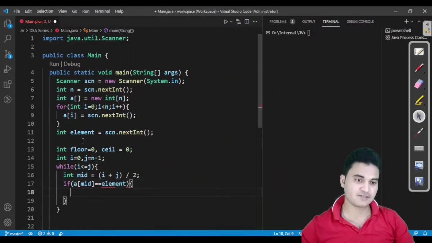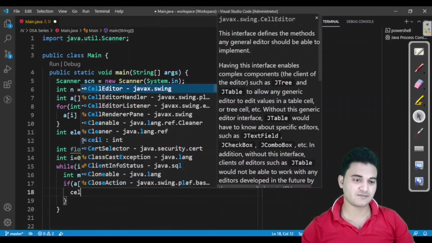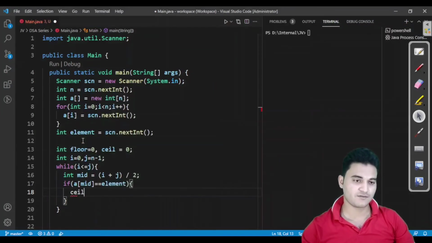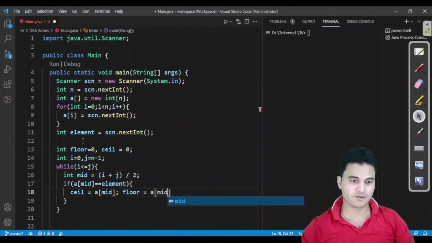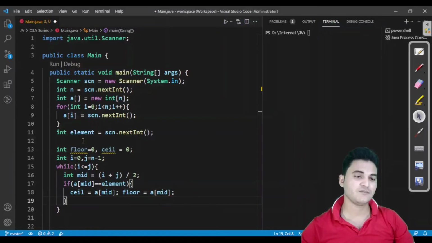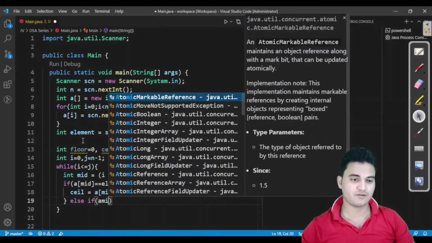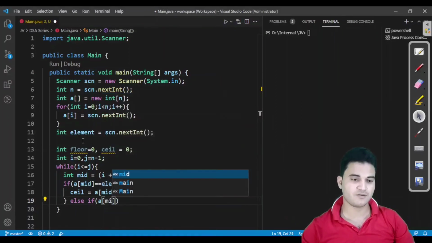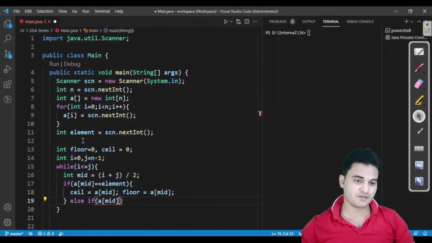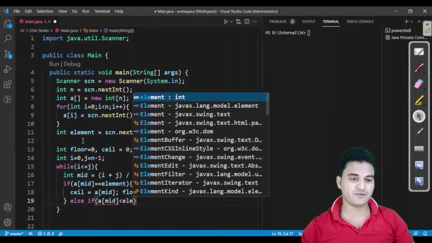In that case, your ceil is A of mid, and floor is also A of mid. Or else, if A of mid is less than the element you are searching for.